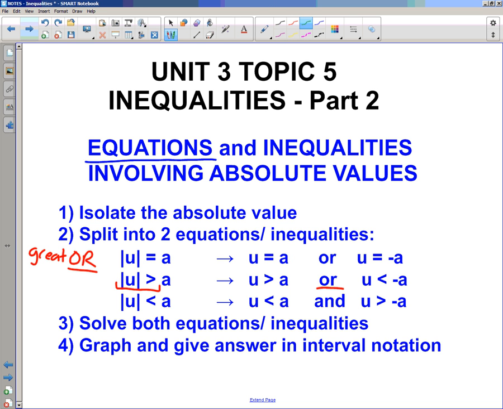On the other hand, if the absolute value is less than, then it's an and. Now, it's very important that you get the correct word in between there, because your graph, your answer is going to be different depending on whether it's an and or an or. So greater, or; less than, and.